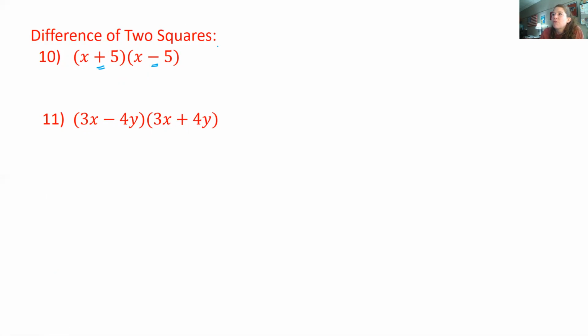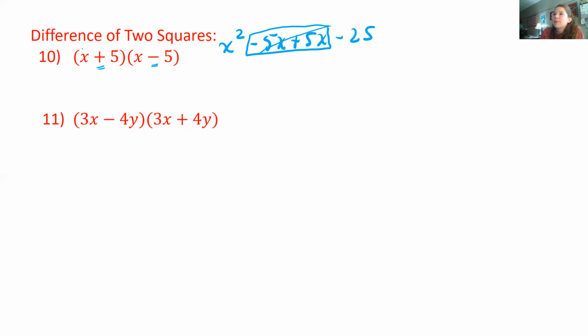So if we use our FOIL method, we're going to do x squared minus 5x plus 5x minus 25. Now, every single time, if you have a plus and a minus and everything else matches, those middle two terms are going to cancel each other out every time.